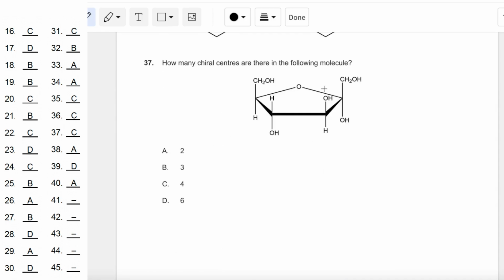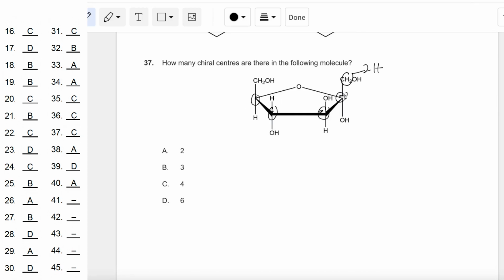Number 37. How many chiral centers are there in the following molecules? You know, a chiral atom is bonded to 4 different atoms or groups. If you identify CH2, it means it has 2 H. So the chiral centers here will be 1, 2, 3, 4.